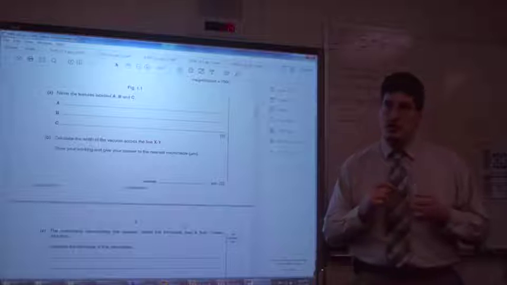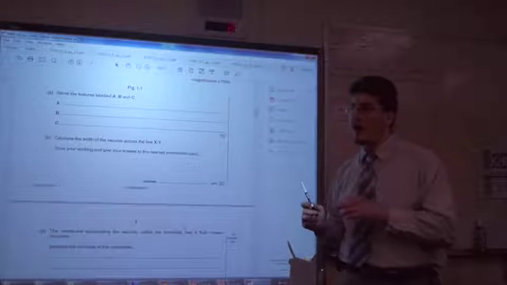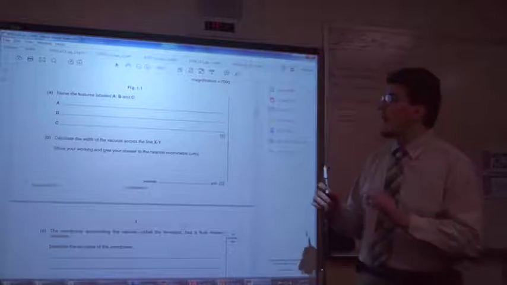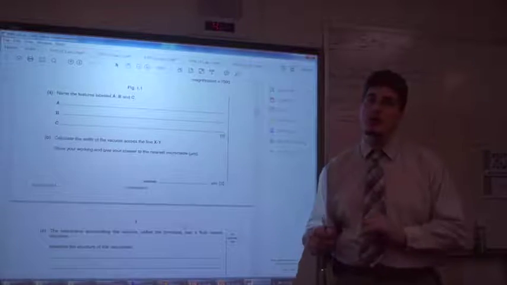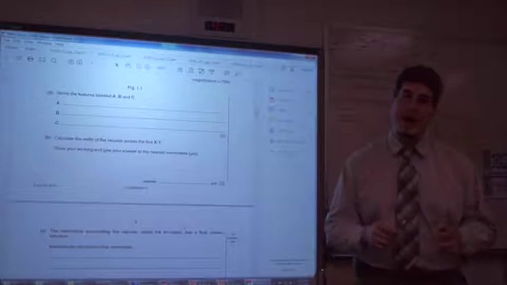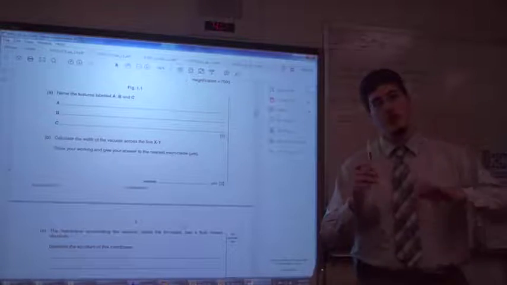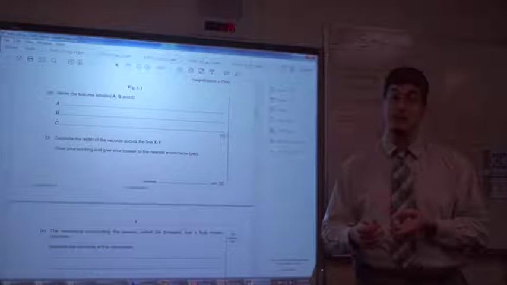If you don't show your working and you have the wrong answer, you will get nothing. If you have the wrong answer and you show your working and your working is correct, you can get partial credit. If your working is wrong and you have the right answer, you can actually get both points.